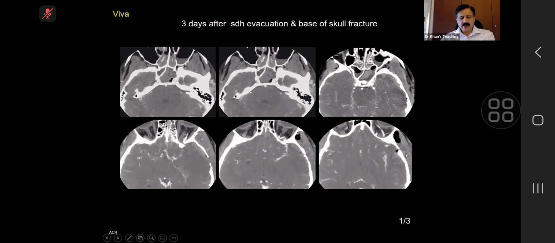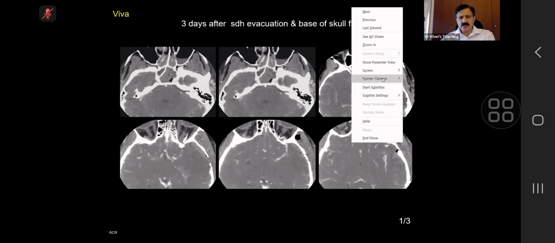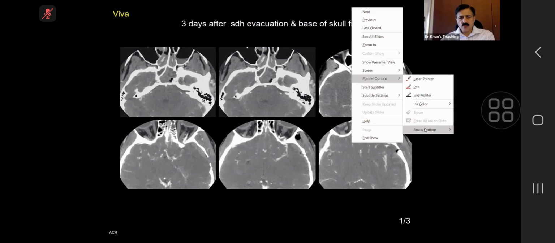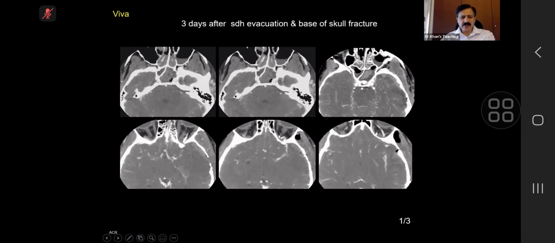Now, the point here is that it was very well picked up that on this CTA study, you can see this is the level of the optic nerve, just superior to the level of the optic nerve. This vessel here is the superior ophthalmic vein. On a CTA study, you can see the basilar artery also here, and you can see the cavernous portion.